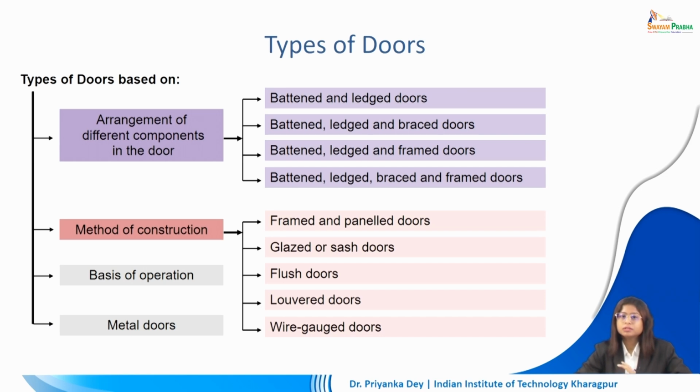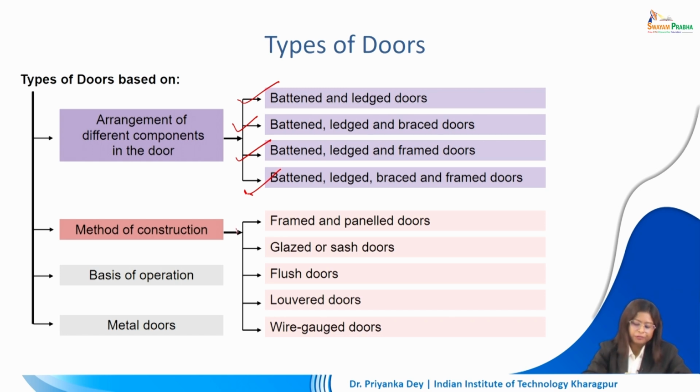Based on the arrangements of different components in a door, we can call a door battened and ledged, battened, ledged and braced, battened, ledged and framed, or a combination of all the four, that is battened, ledged, braced and framed doors. So, this classification is happening on the basis of different components in the door. Method of construction can also be used to classify doors.